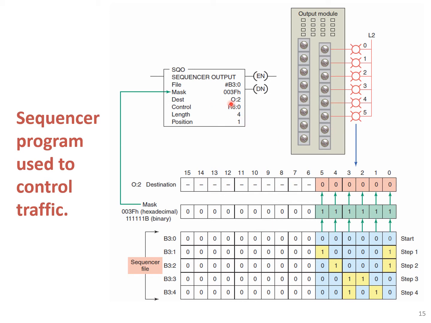Control is R60. Those are the enable bits, done bits. If we want to access those, we could access them through this address. Length is 4. We have 4 steps, and we are at position 1.